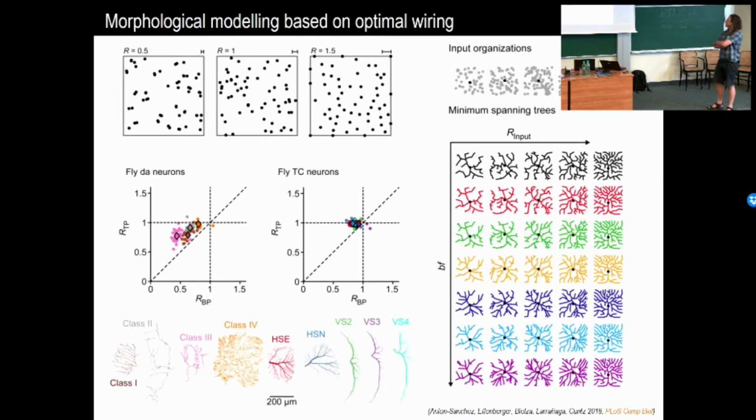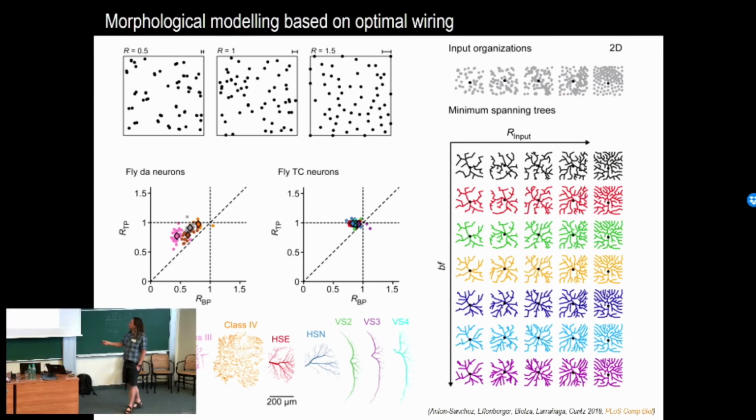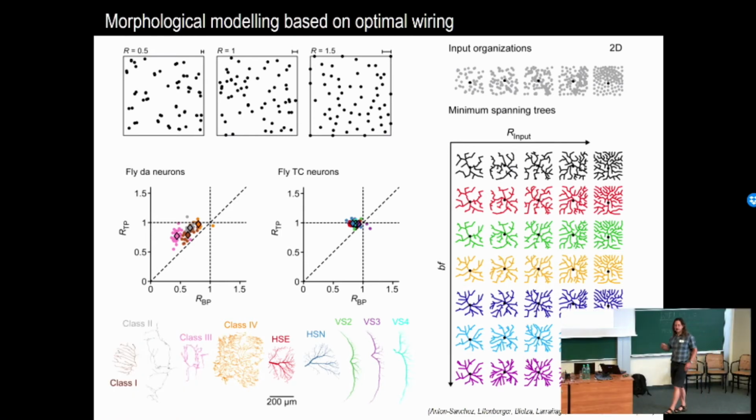And we also looked at the distribution of these targets. What if we make the targets more or less regularly distributed as compared to a Poisson distribution? This is Poisson. Then you can make it more distributed or less distributed. What we find in the model, and of course also in the real dendrites, is that you can read out from this regularity value, the R, the regularity of the inputs.